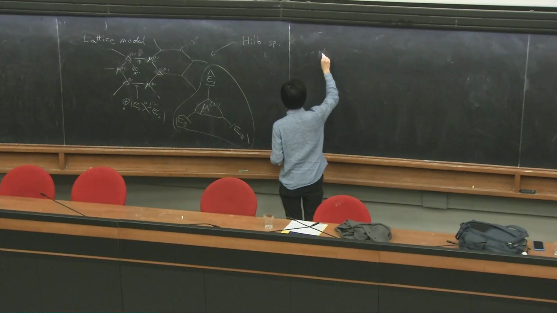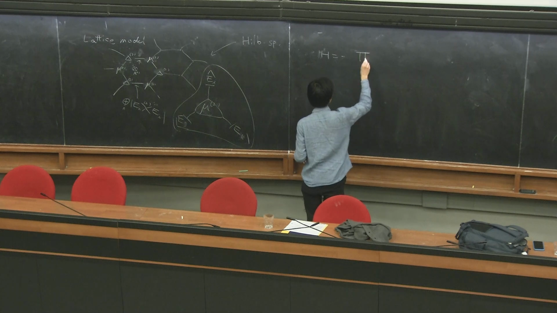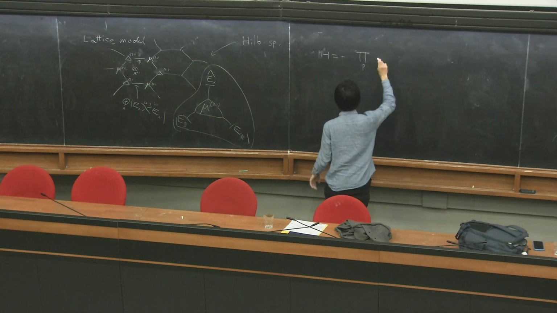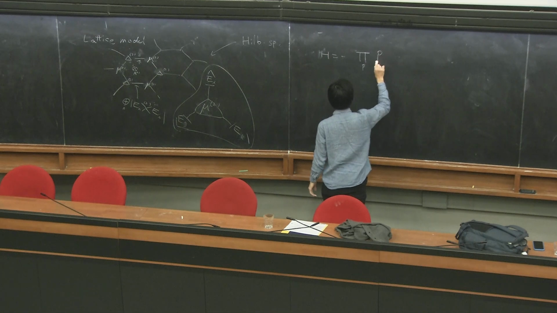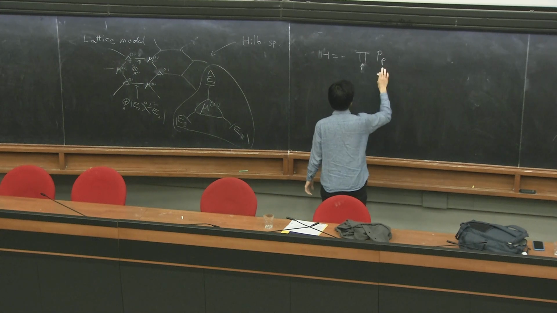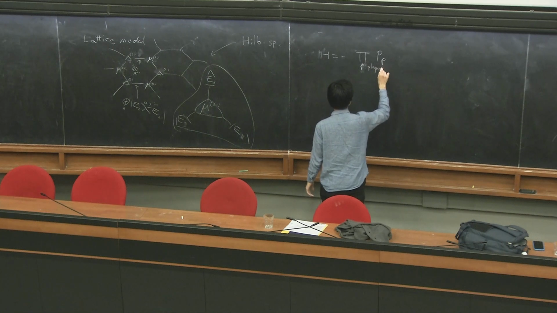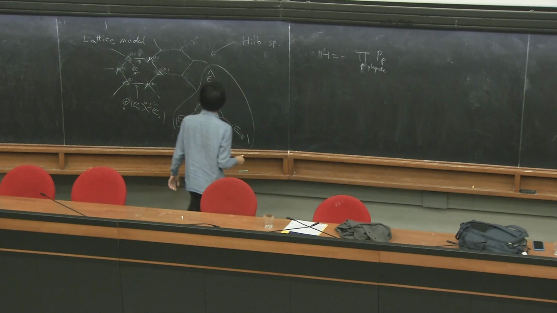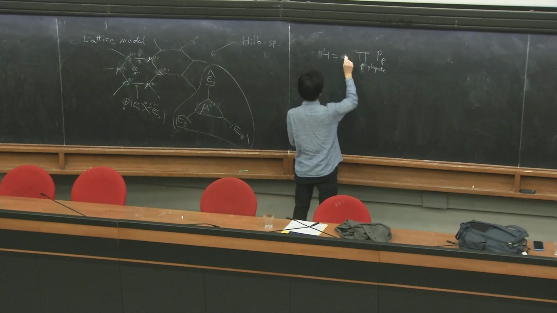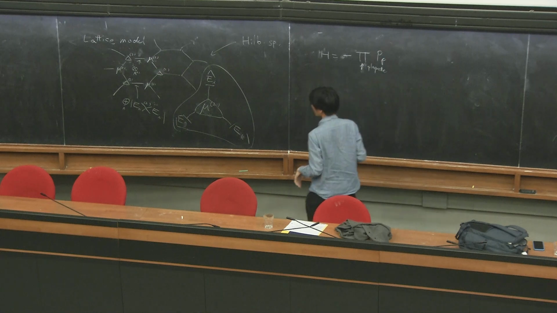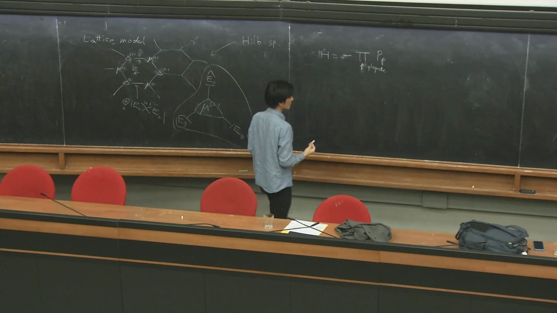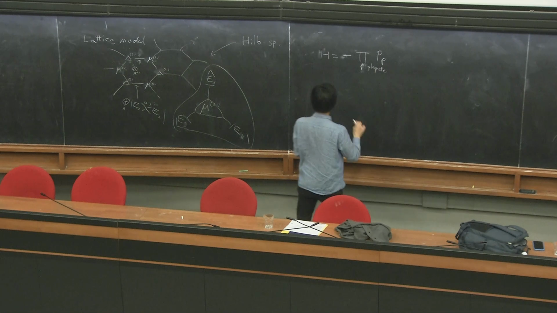So now the Hamiltonian is also a commuting projector Hamiltonian for each plaquette. This is terrible, but the P is a plaquette.